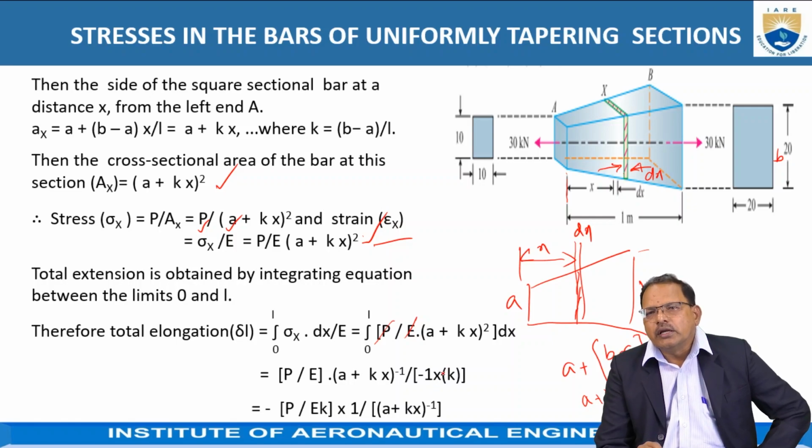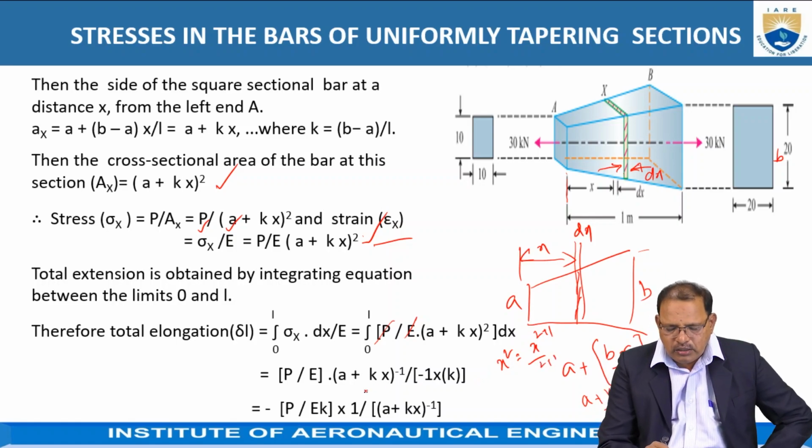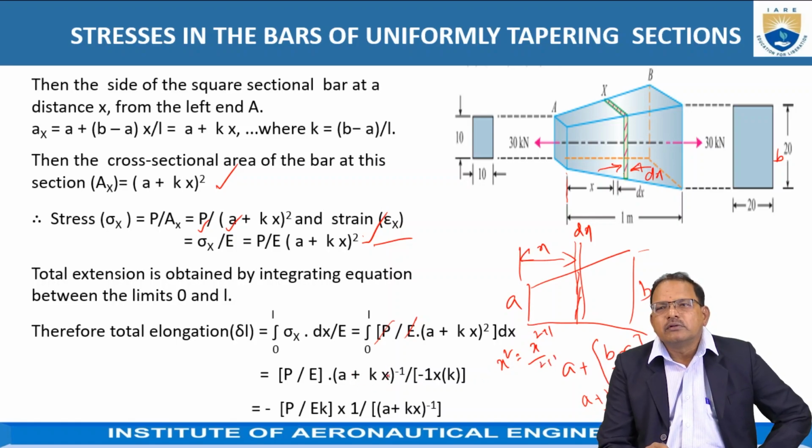When we are doing integrations, n plus 1 divided by, here x square integration is equal to x to the power 2 plus 1 divided by 2 plus 1. By using this equation, we will get (A plus Kx) whole power of minus 1 divided by minus 1. And in the integration, Kx is there, so K we can take in the denominator.